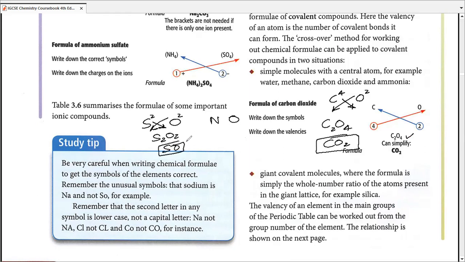However, this compound does not exist. There are reasons behind it, we'll study it later. For nitrogen and oxygen, this one is 3, this one is 2. Cross multiply them, this becomes N2O3. A proper formula.